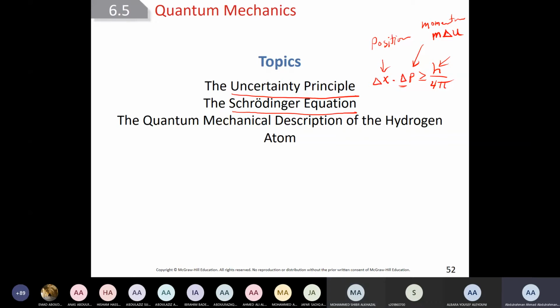Next, Schrödinger equation. What's Schrödinger equation? Psi. It's written psi, but you pronounce it psi. What's psi?